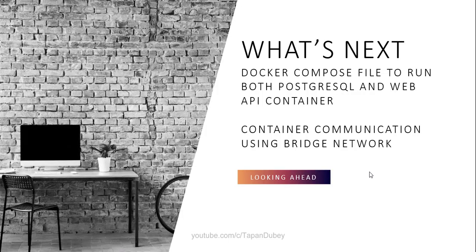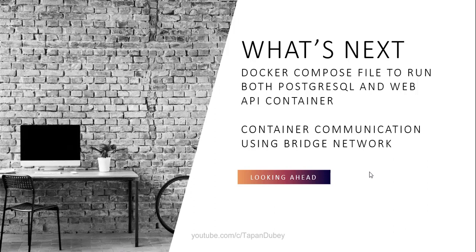So although we were able to run our Postgres container and API container, and we were able to get the records from the Postgres database, we saw one problem: manually I need to come and run both containers. If any one container is not running, then my API will not work, right?